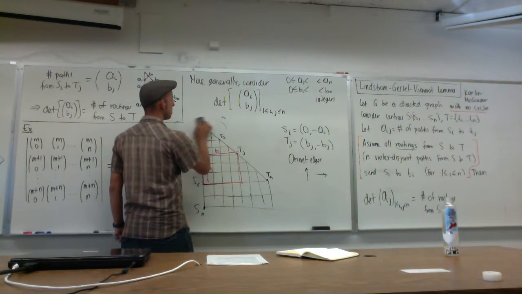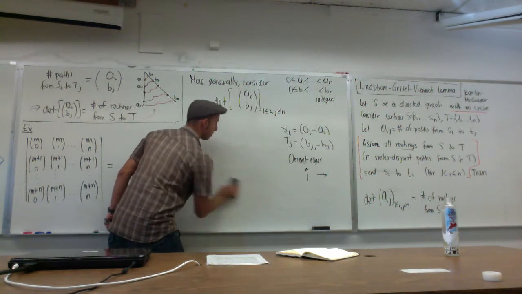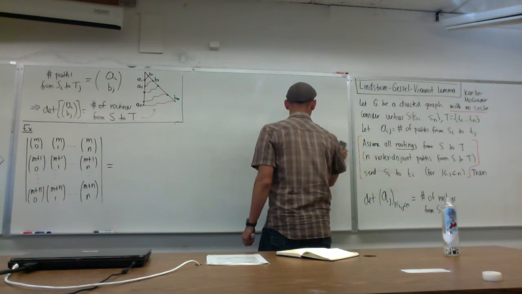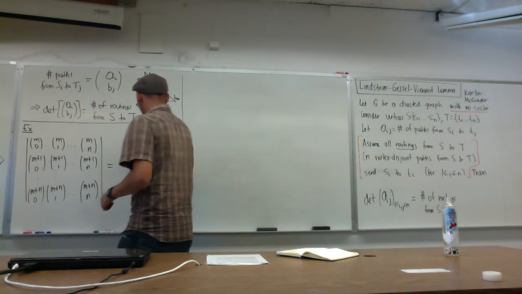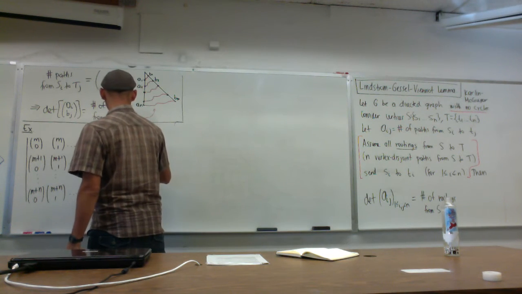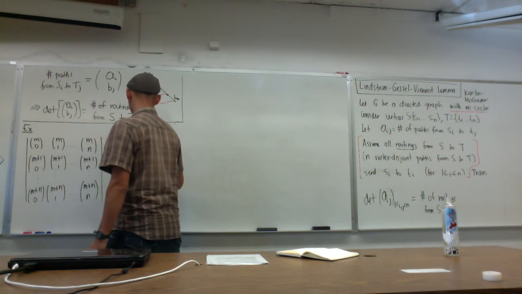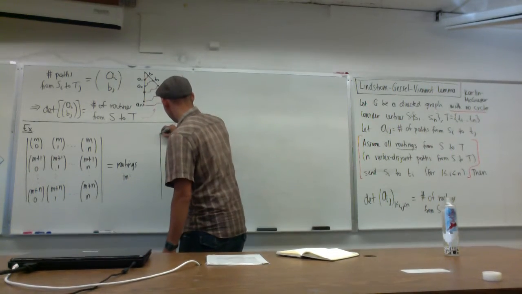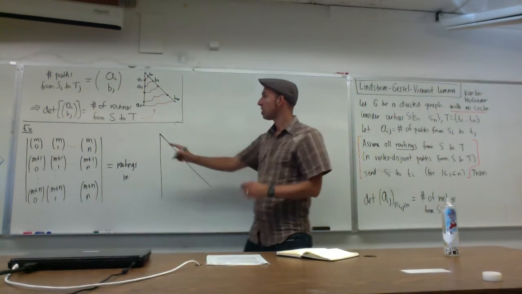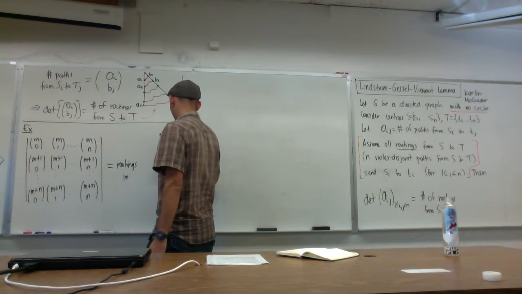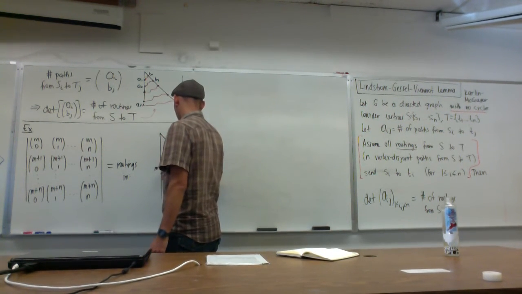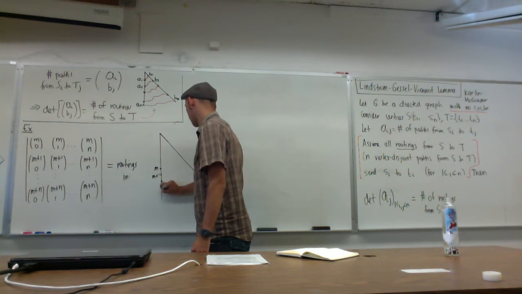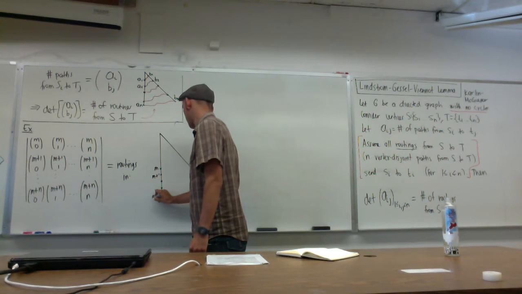Okay, so I think I don't need this anymore. So it's the number of routings in a problem that looks like what? Well, like I said, the Ai's are m plus 1 up to m plus n.